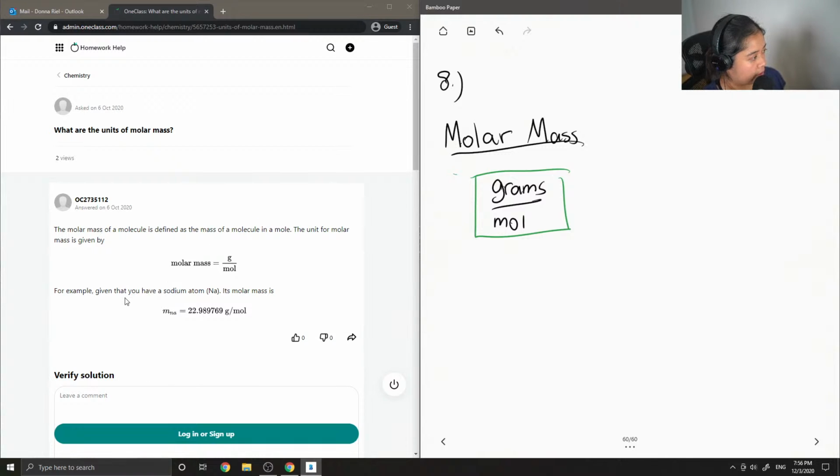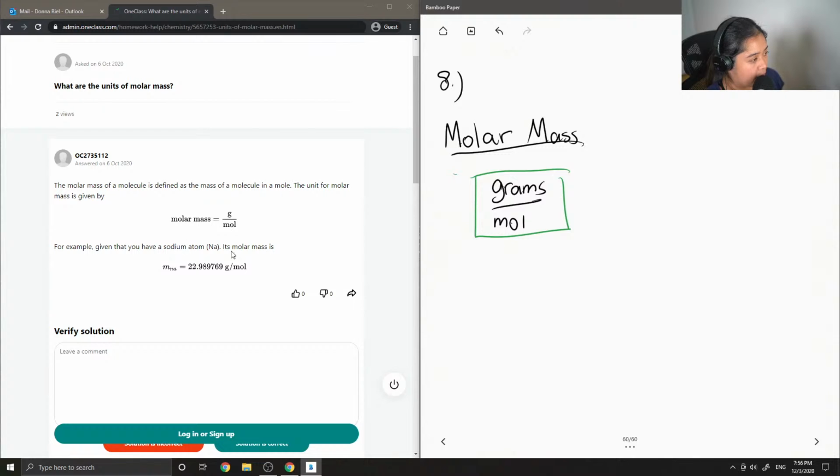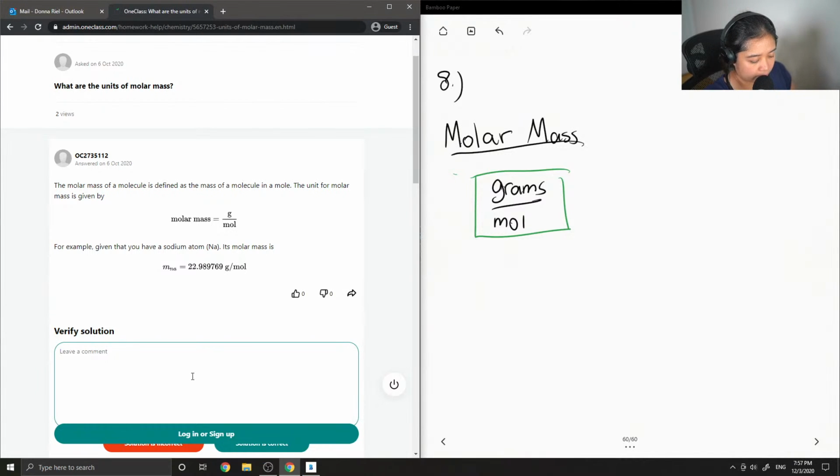And the junior tutor said, the molar mass of a molecule is defined as the mass of a molecule in a mole. The unit for molar mass is given by molar mass is equal to grams over moles. For example, given that you have a sodium atom, Na, its molar mass is 22.99 grams per mole. So this solution is correct.